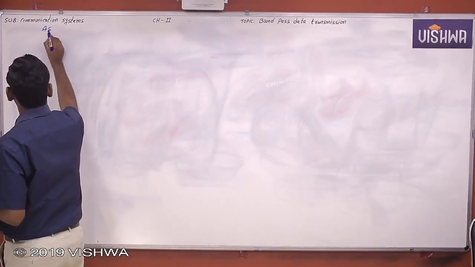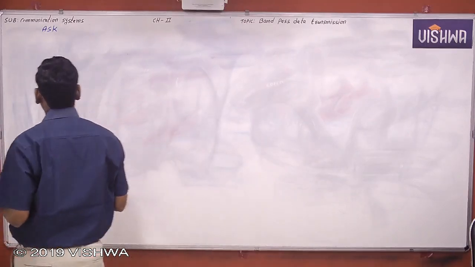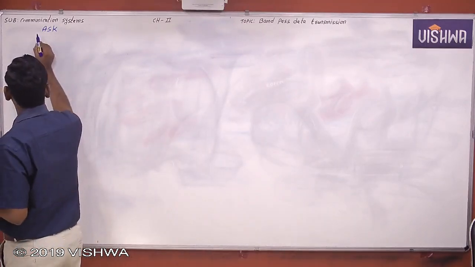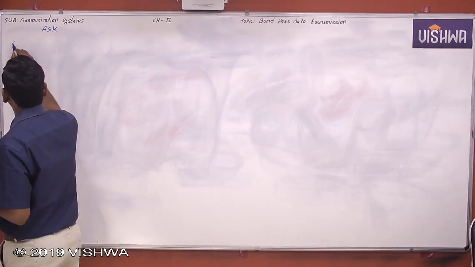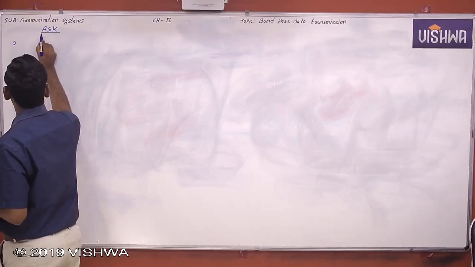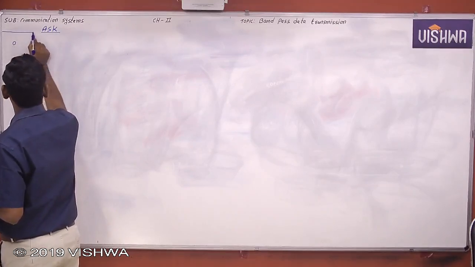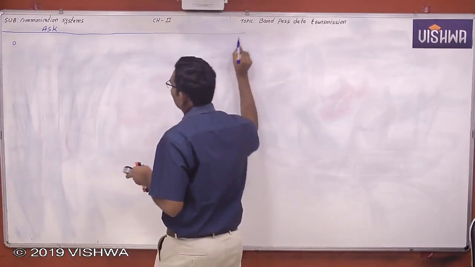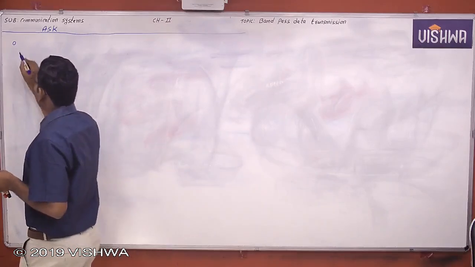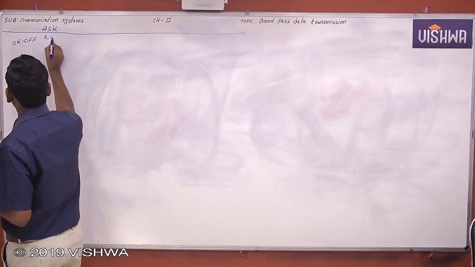ASK, amplitude shift keying signal. In ASK the binary data is represented in on-off signaling, right?